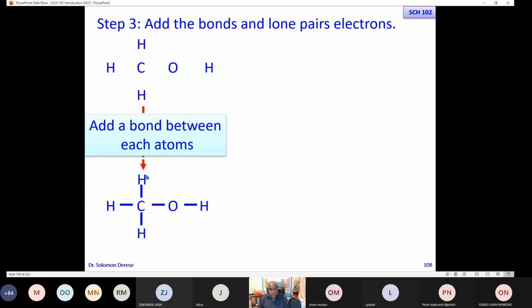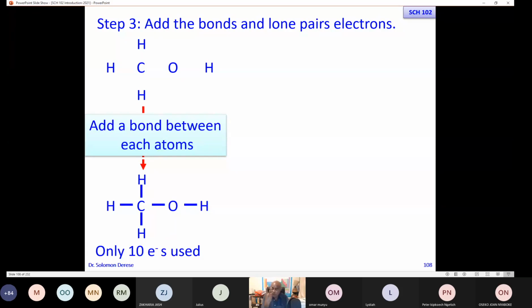Now, how many bonds have we formed? 1, 2, 3, 4, 5. We have formed 5 bonds. Each of these bonds is the result of 2 electrons. Since we have formed 5 bonds, the total number of electrons we have used is 10. Only 10 of the 14 electrons are used.